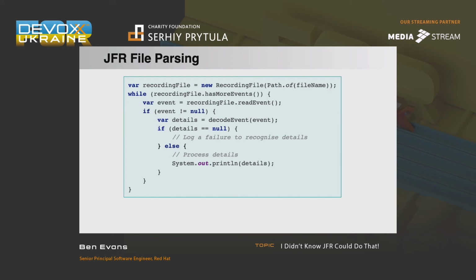You start with the recording file class, which you generate from name of, and then you have a while loop over it, and just keep taking more events from the recording file object, and each event which is non-null you need to deal with in some way by decoding. The actual real work would be done in the decode event, but this is just a very simple schematic of how we would actually parse a file.